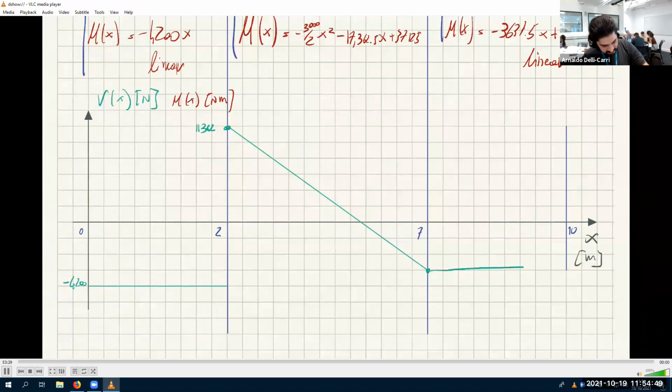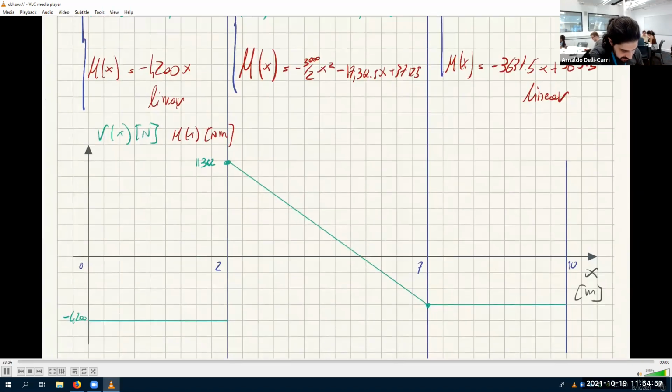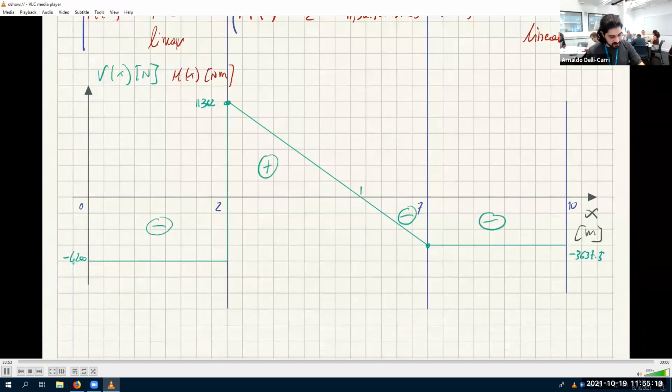And then, of course, this is constant by exactly the same number that we found here, which is minus 3637.5 newtons. Okay. So that means this is negative, positive, negative, negative. And of course, this point is also interesting. How do we find that point? You put v of x equal to 0.